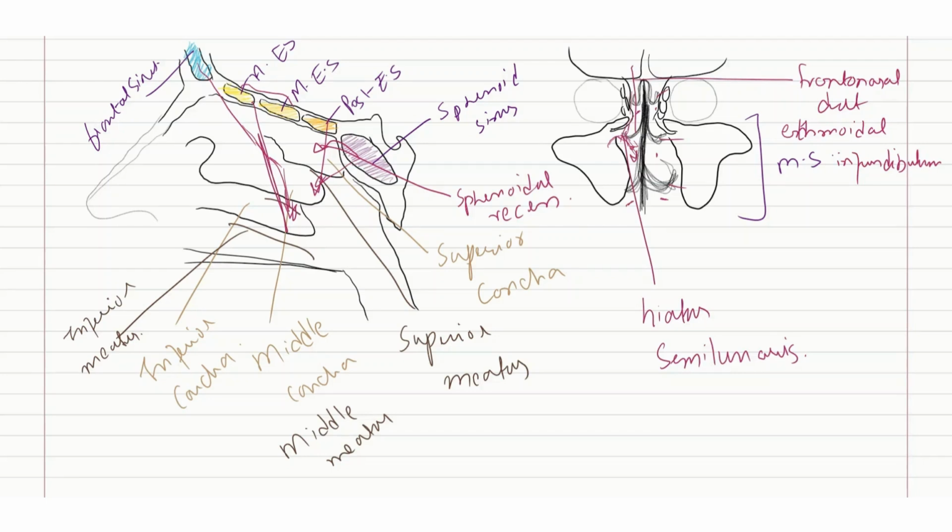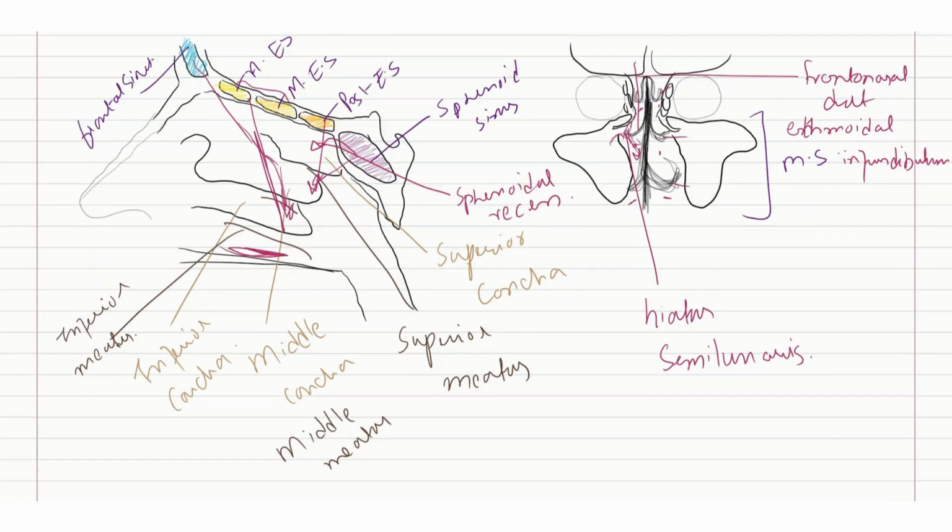The nasolacrimal duct will drain into the inferior meatus, right here. Since these sinuses have mucoperiosteum which is producing mucus, these sinuses have their own nerve supply, vascular supply, and also lymphatic drainage.